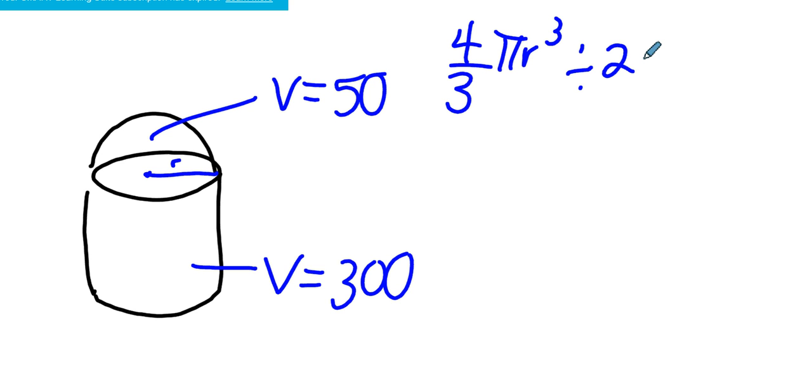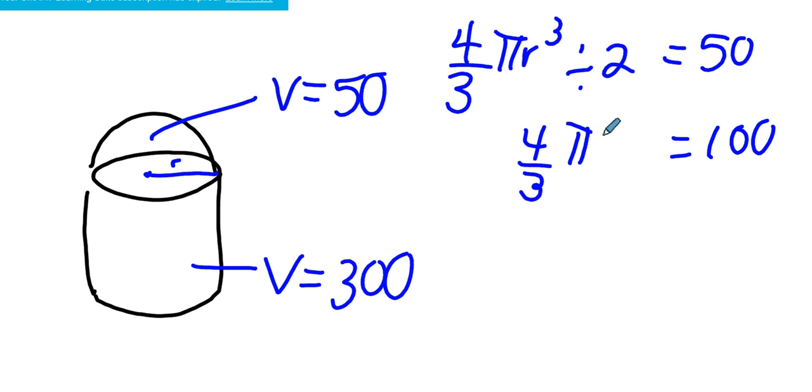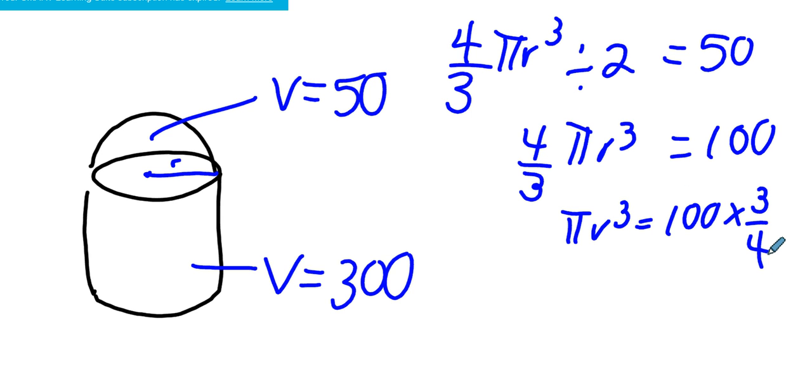If you had your calculator out, for example, if you want this to be close to 50, you would actually start by multiplying by 2. Then you've got 4 thirds pi r cubed. To solve, you would multiply by the reciprocal.